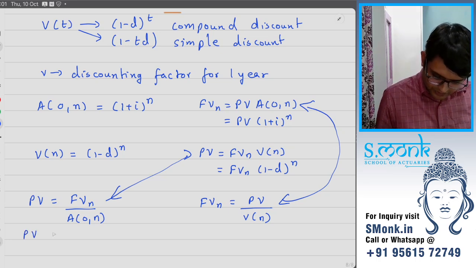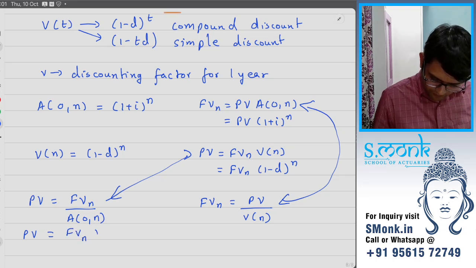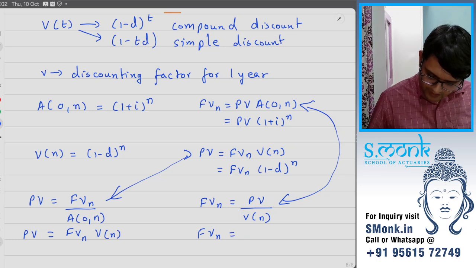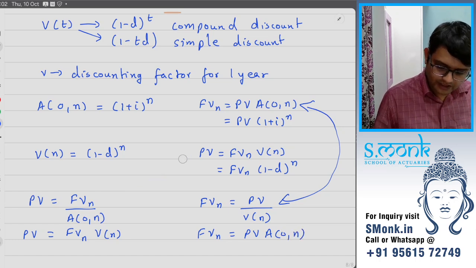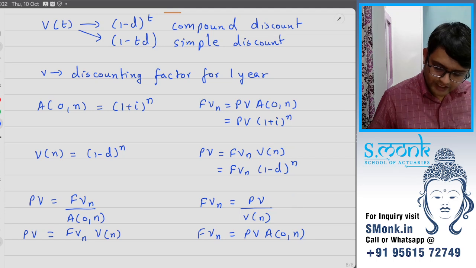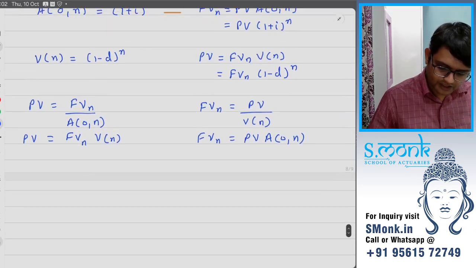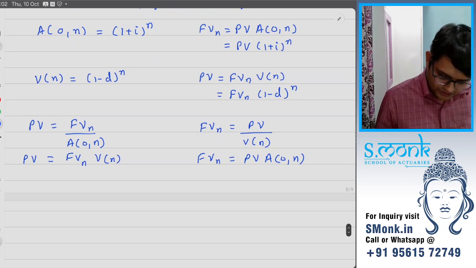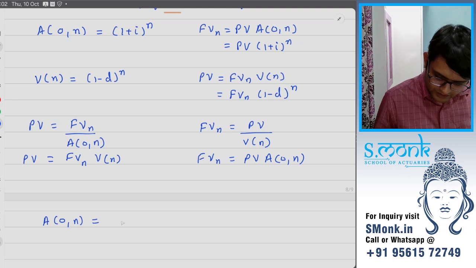Present value, and here future value at time n is present value into accumulation 0 to n. So clearly accumulation factor and discounting factors are reciprocals of each other. You can say a(0,n) is equal to 1 by Vn.